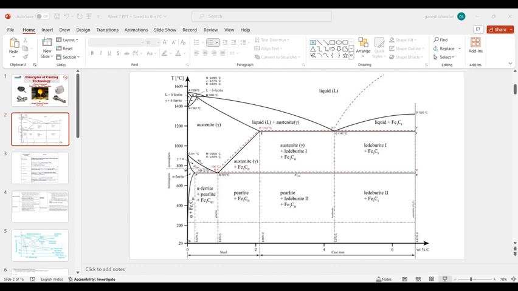When we slowly cool down our structure, the conversion of stable austenite to pearlite will start from here, around 50 to 60 degrees Celsius lower than your critical temperature, and it is going to finish at this point. And as we can see, the pearlite formation has finished here.